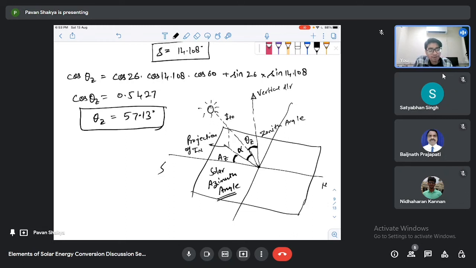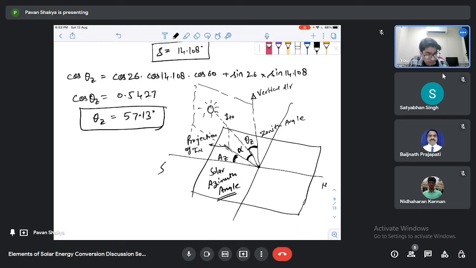So from the figure you can see that the altitude and zenith angles lie on the same plane, which is perpendicular to this horizontal plane, suppose this is a vertical plane. Both alpha and theta z lie on the same plane, and the azimuth angle lies on a plane perpendicular to this vertical direction.